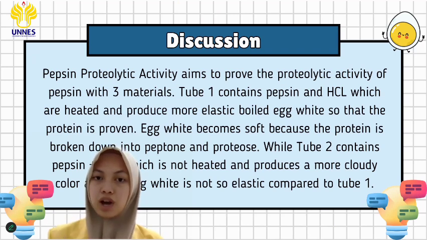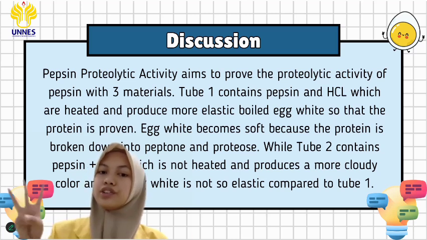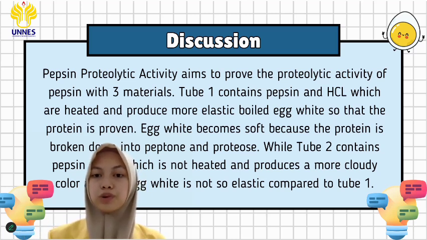The second treatment was tube 1 containing pepsin and HCl, which were heated, resulting in more elastic egg white. This indicates that the protein was broken down into peptide and protease. The third treatment was tube 2 without heating, showing a more cloudy color and less elastic egg white, indicating lower enzyme activity.